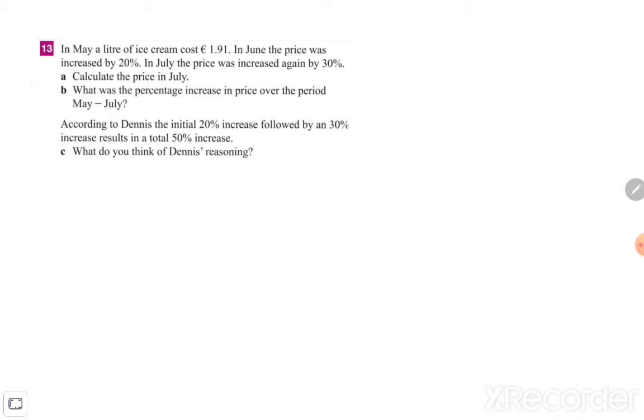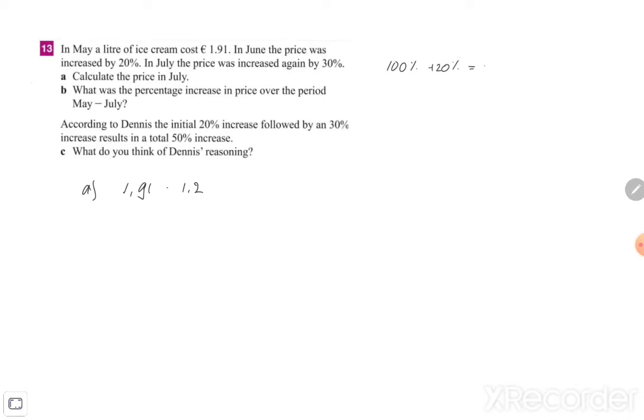Alright, so to calculate the price first in June, in exercise A, we need to multiply the €1.91 by 1.2. Now, why 1.2? Because 100% is the price from the beginning in May, €1.91, and then it will increase by 20%, so plus 20%.